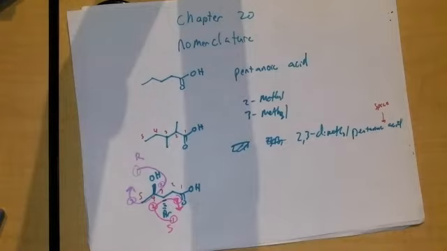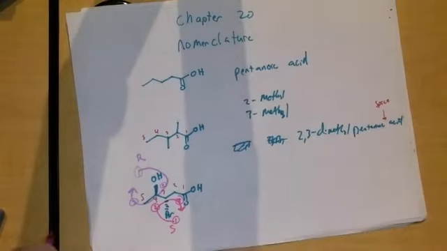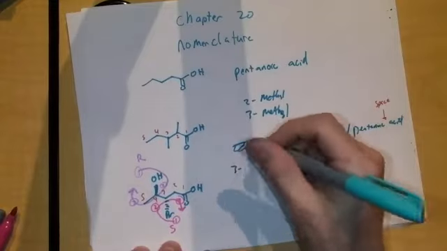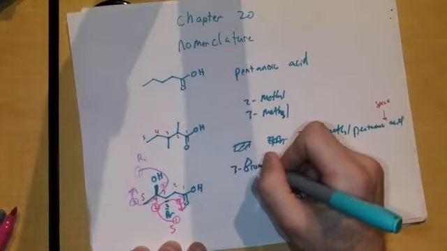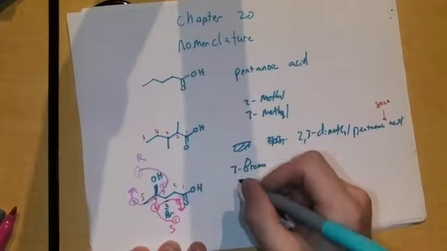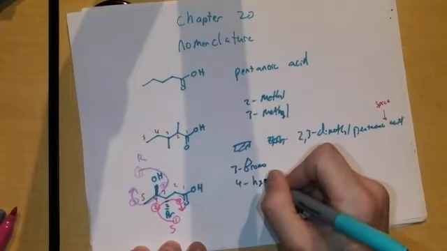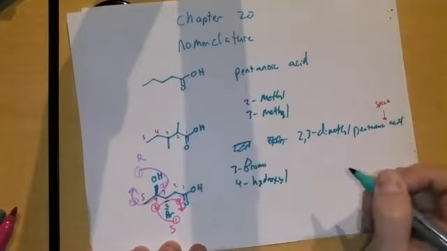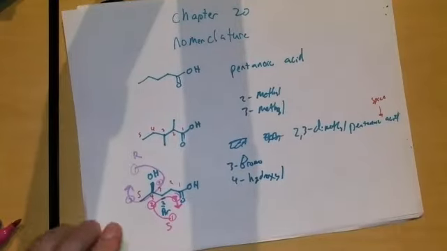All right, we have a bromo on 3. A hydroxyl on 4. Let's put it all together.